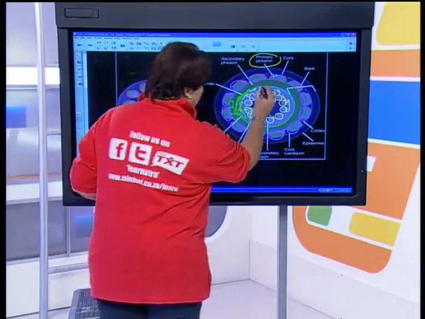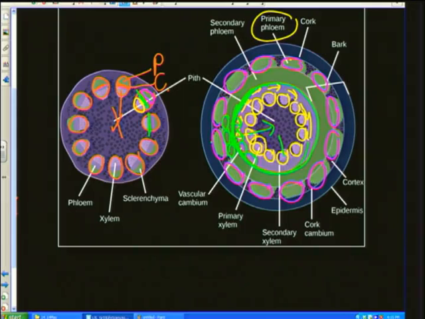So what happens is, if we have a look, here is the xylem, and here is the phloem. And what do you notice? Because they are in concentric rings, it's going to form a ring.